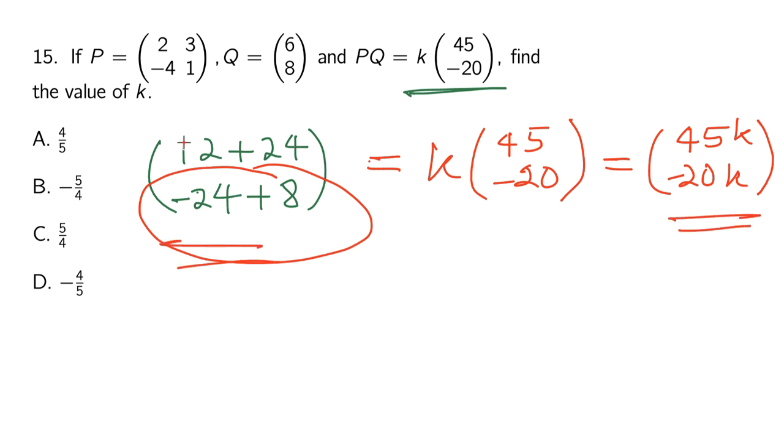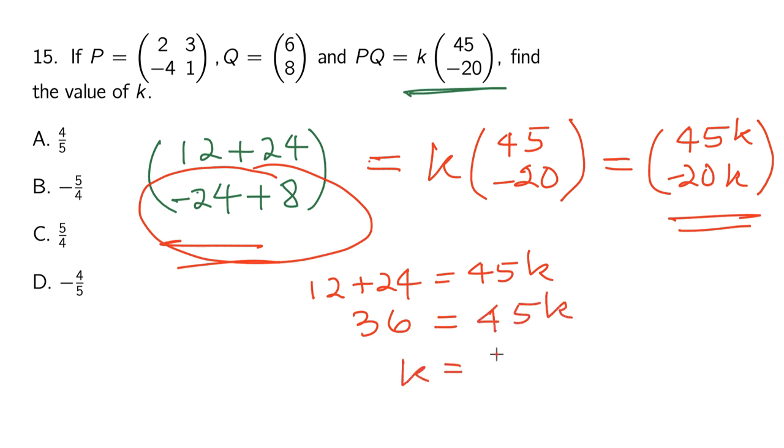It means that the top components are the same. 45K equals 12 plus 24, and the bottom components are also the same. So our equation is 12 plus 24 equals 45K. Now 12 plus 24 is equal to 36. So 36 equals 45K, and K equals what? 36 over 45, which is equal to 4 over 5. You can divide both by 9 to get this. So this is what we get.